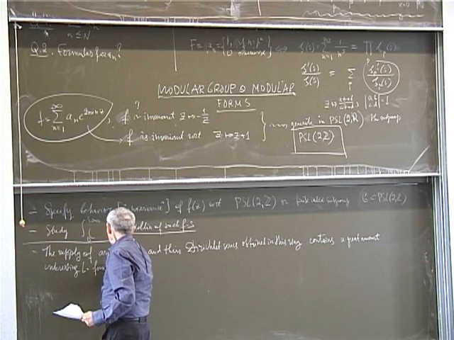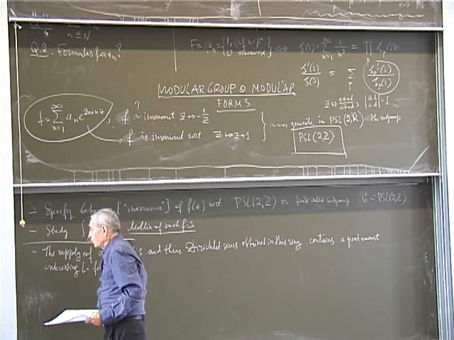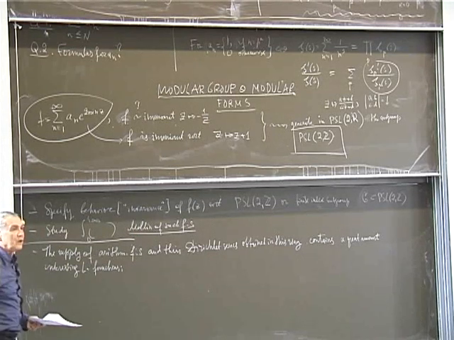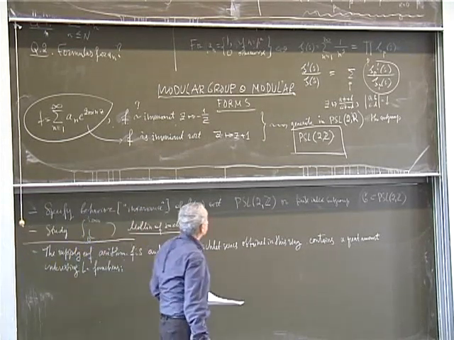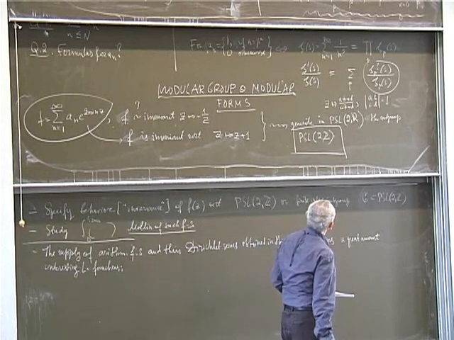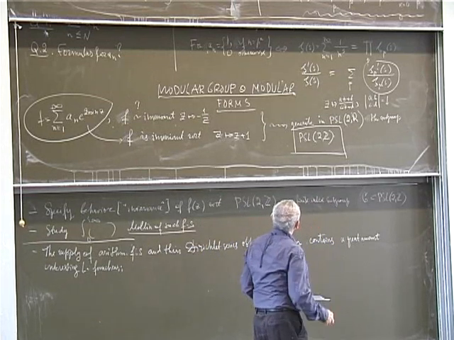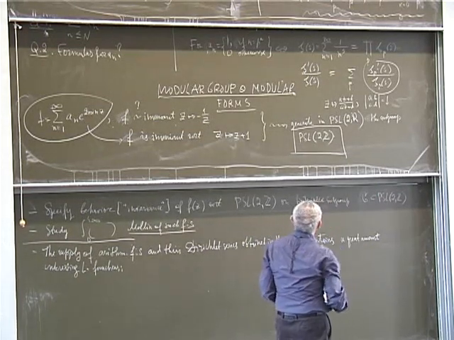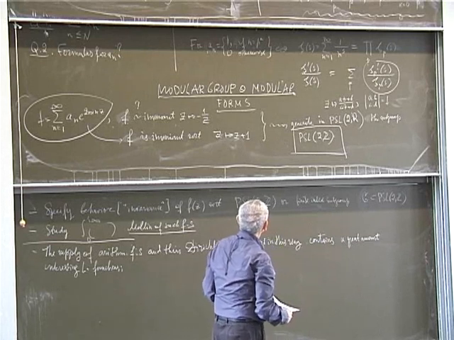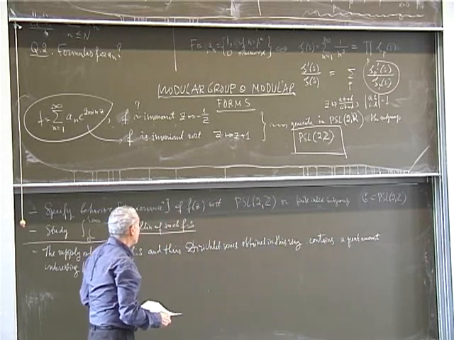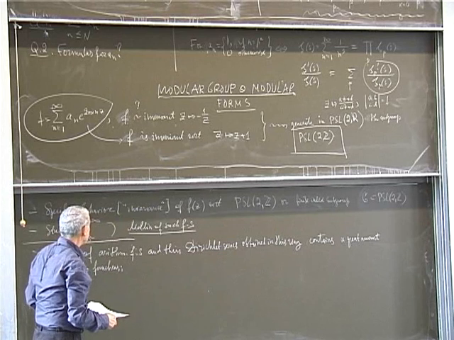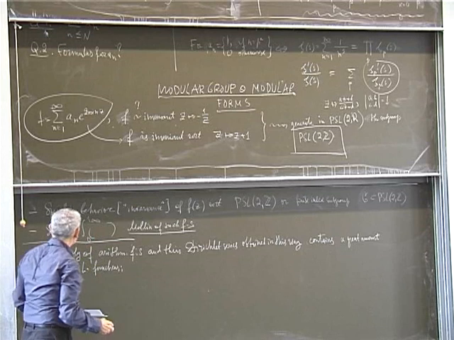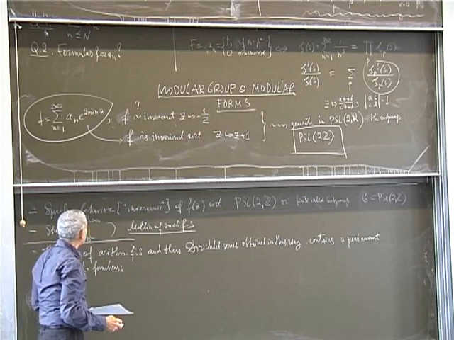L functions. For example, if you take just all elliptic curves defined over Q, and then define their L functions by counting points over various reductions modulo various primes, and produce from each prime an Euler factor like that, in a slightly more sophisticated way, and then take a product, then the arithmetics of all elliptic curves is contained in the supply of functions which are obtained in this way.